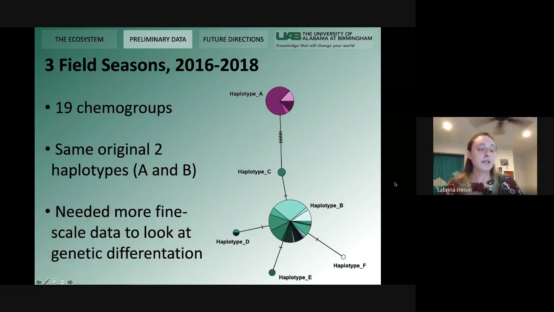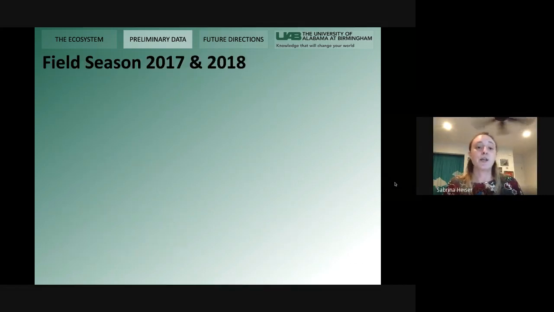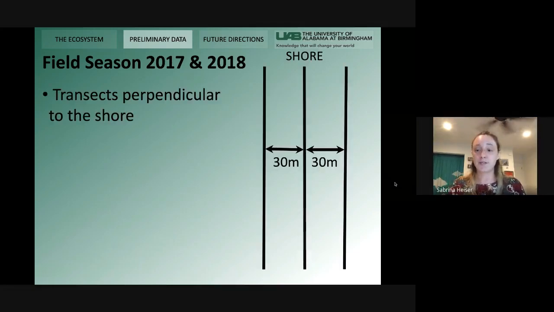But overall, in order to get at the question that I posed earlier, whether patterns of genetic differentiation can be correlated with the chemogroup differences, we needed a lot more fine-scale data to look at the genetic differentiation of those individuals. So for that, during our last two field seasons in 2017 and 2018, we conducted transects perpendicular to the shore in order to have far more fine-scale geographic sampling.